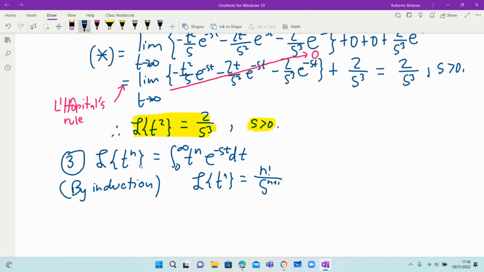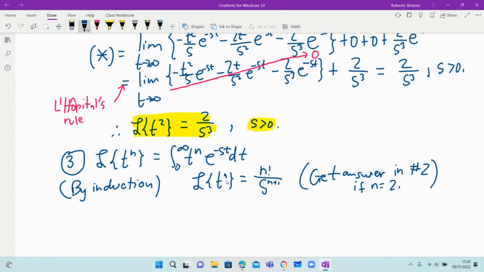And you can verify this formula directly when you go back to example number 2, where n is equal to 2. So we get the answer in number 2 if n is equal to 2.